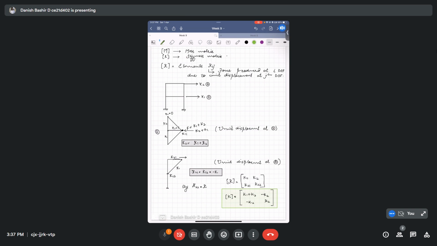While finding K11, we give unit displacement at the 1st degree of freedom, see the force there, and keep zero displacement at all others. K12 is the force produced at the 1st degree of freedom by giving unit displacement at the 2nd degree of freedom, with zero displacement at all others. K22 is unit displacement at 2 and the force produced at 2 itself. We got this matrix.